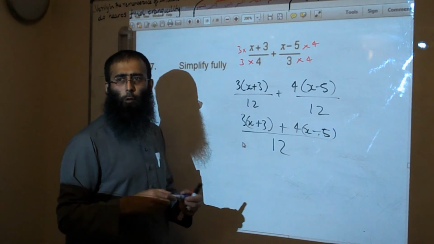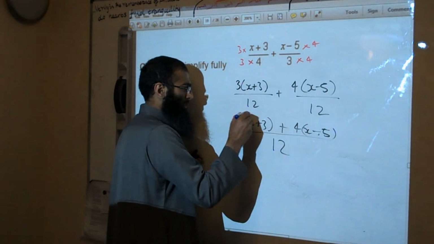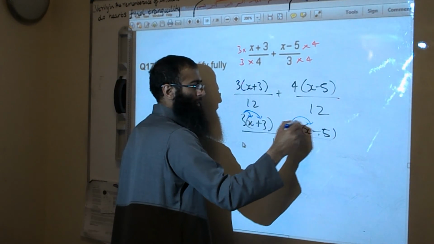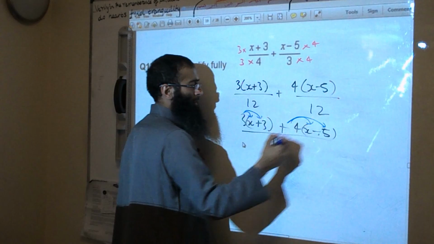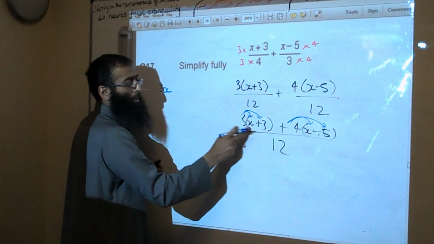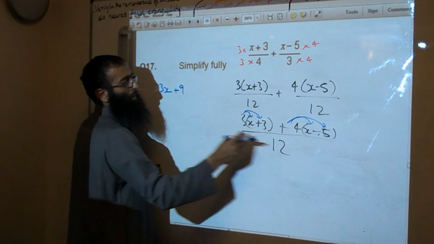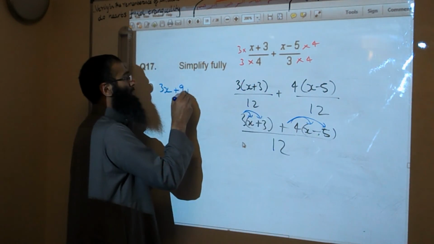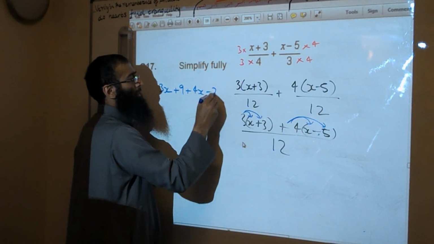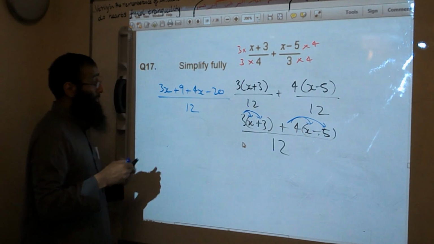Now what we need to do is multiply out the top part and then simplify it. So we have 3 times x is 3x, 3 times plus 3 is plus 9, plus 4 times x is plus 4x, plus 4 times minus 5 is minus 20, all over 12.